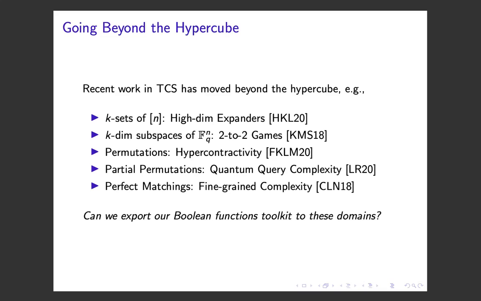This work is not so much focused on the hypercube, but rather going beyond it. Recently there's been a lot of effort towards studying combinatorial objects other than the hypercube. Below is a list. It's by no means comprehensive.